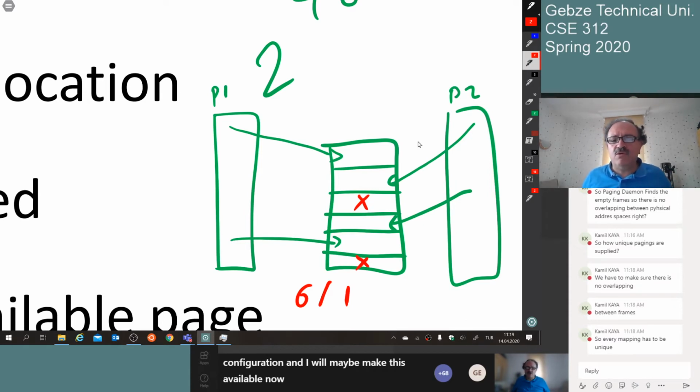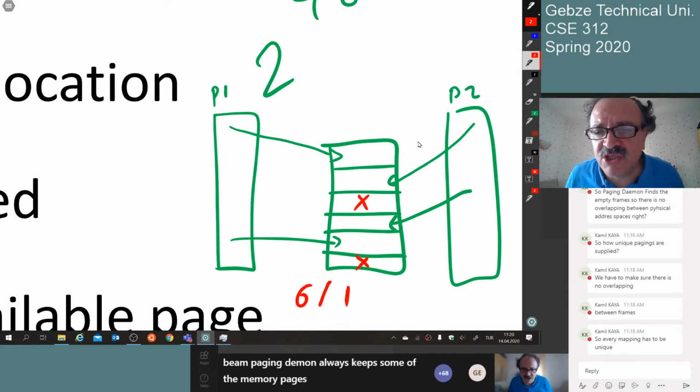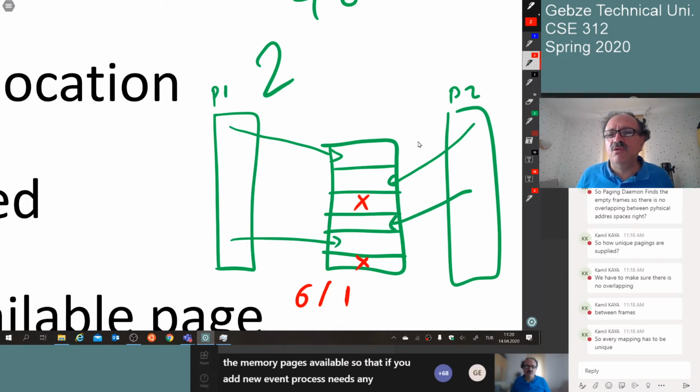Now I am back to 2 over 6. This is what is happening with the paging daemon. The paging daemon always keeps some of the memory pages available, so that if a process needs a new page, it doesn't have to look for a page to replace. It just uses one of the available pages.